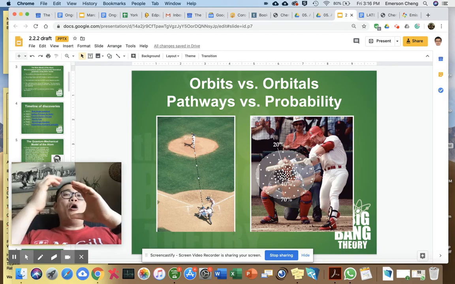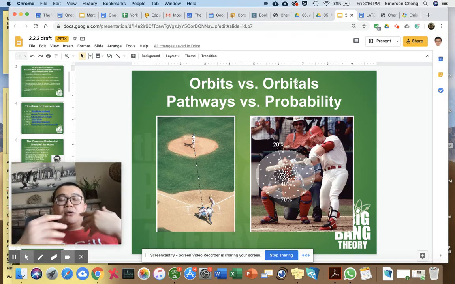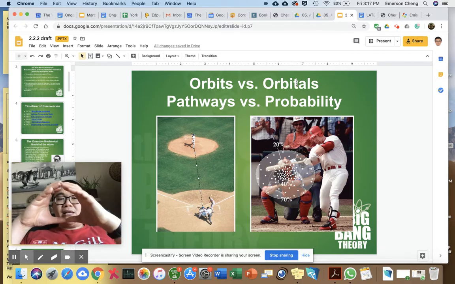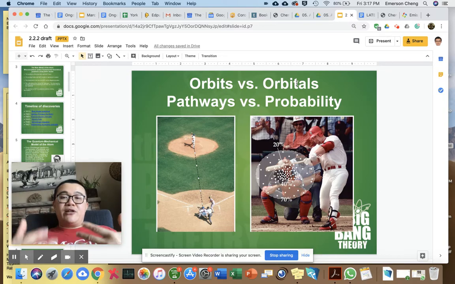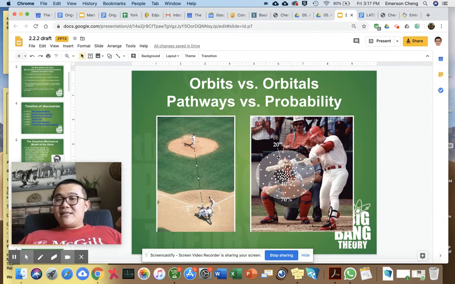They always will be along this path. But actually, orbitals, after we use quantum mechanics, is really just what's the percent chance. So using a baseball analogy, there's a 70% chance the ball will be somewhere in this circle. There's a 20% chance it'll get there. So when we're talking about probability, we're talking about high chances.